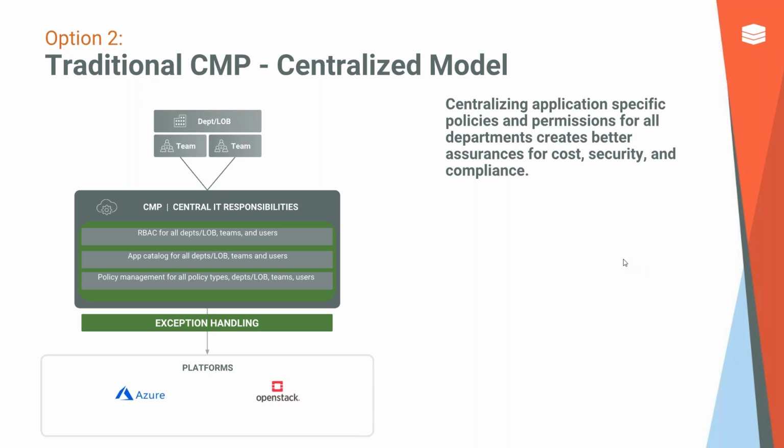When you've got a fairly simple number of choices in terms of the platforms and a fairly limited number of teams and departments where they're going to make requests, you can manage this, and it's in green as we've pointed out here, where this central IT group sets role-based controls for all the departments, the teams, the users. You've got some consistency over, are the different teams development teams, and do they all kind of work the same way?